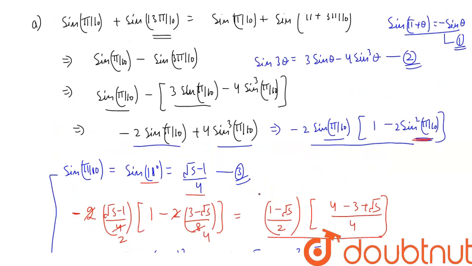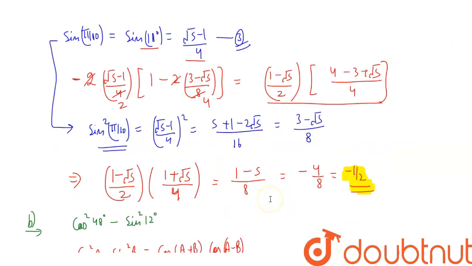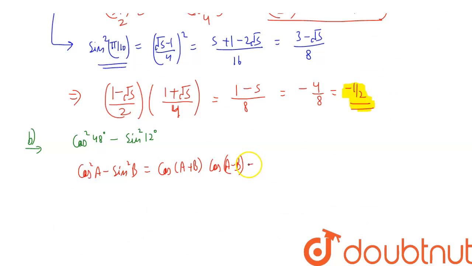So let us say that this is the fourth equation, then by using this fourth equation we are going to find this value. If we apply this here in this given question, that is part b, then we get the cosine of (a plus b), and a plus b would be 48 plus 12, whole multiplied by the cosine of (a minus b), that is the cosine of 48 minus 12.